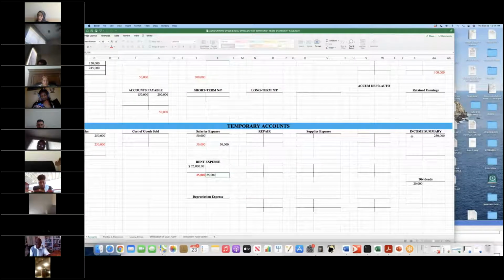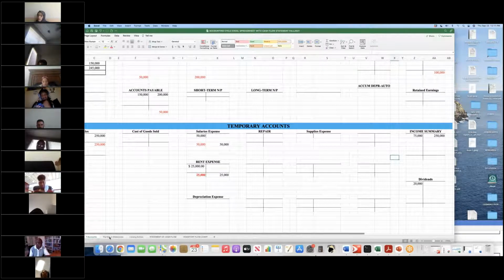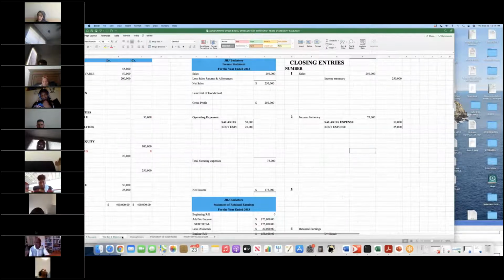And now we're debiting income summary. So that's closing entry number 2. Let's go to closing entry number 3.